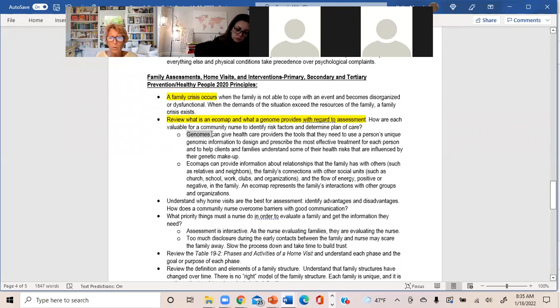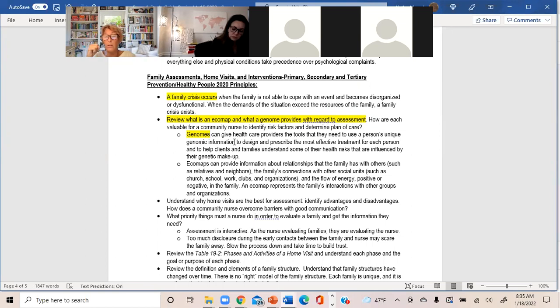Okay, well, genomes are histories. So they're genetics. They give health providers the tools they need to use a person's unique genetic information. So it's that graph. It's the interviews you do, and you go back 3 generations, right? Who had heart disease?